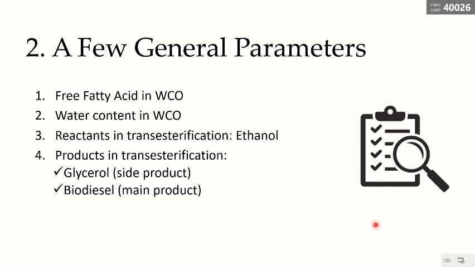The first one, we surely want to know the fatty acid, especially the free fatty acid, which is a hydrolyzed product, and the water content, basically the moisture in the waste cooking oil. This part we are going to understand, or at least get to know some of the water contents.